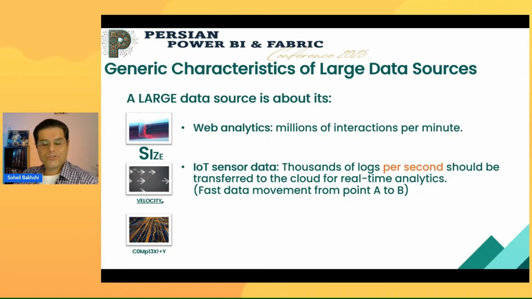This data should be transferred to the cloud as quick as possible, right? When we talk about real time, it's more about near real time. In a couple of seconds, you want to be able to analyze that data and see it in the output, right? In the data visualization, you need to have some information about it. So the data itself, the raw data, doesn't really help. So fast data movement, again, from point A to point B is a good example of velocity.